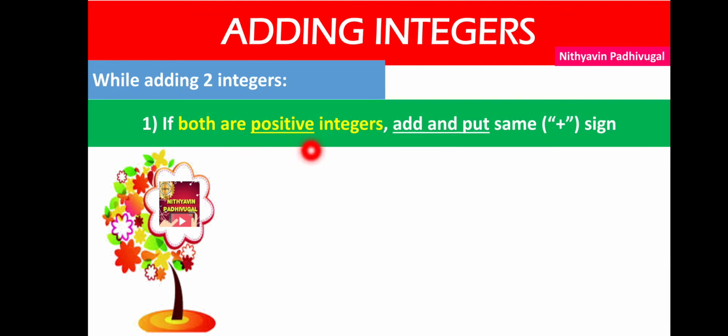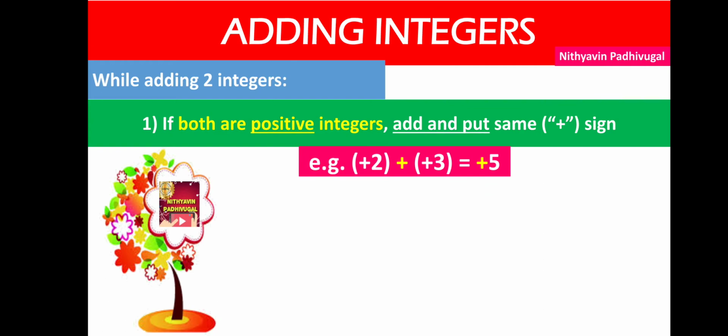If both are positive integers, add the numerical values and put the same sign, which means the positive sign or plus sign. If both are integers with a plus sign, then add the numerical values only and then put the same sign plus. See, example, plus 2 plus 3 is equal to plus 5.